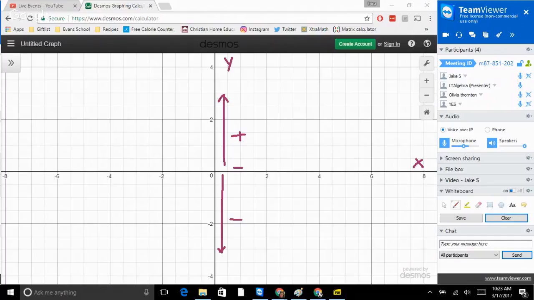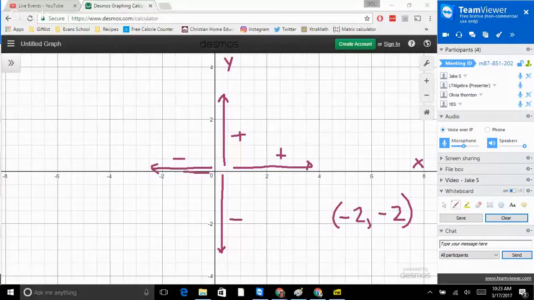Okay. So if I asked you to graph something like -2, -2, you can probably look on here and see where that's at, but you should know that I'm going to move -2 in x and -2 in y, and I'm going to end up somewhere in this quadrant of the graph.